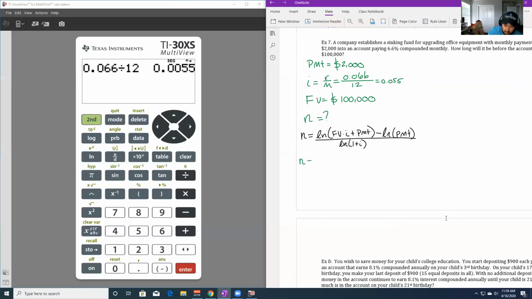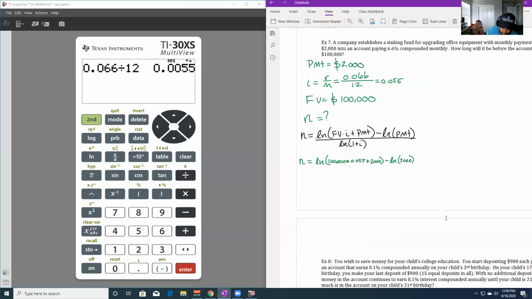So n equals the natural log of 100,000 times I, which is 0.055, plus payment, which is 2,000, minus the natural log of our payment, 2,000.